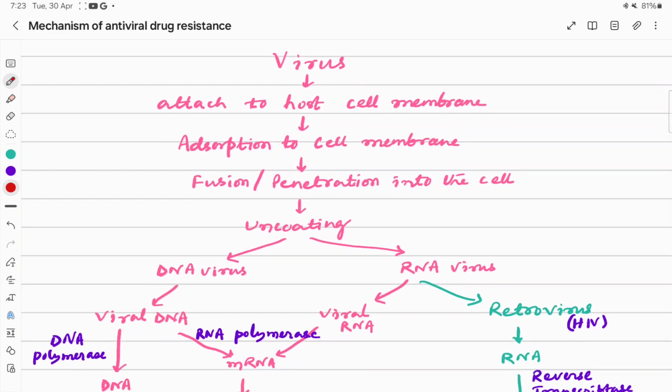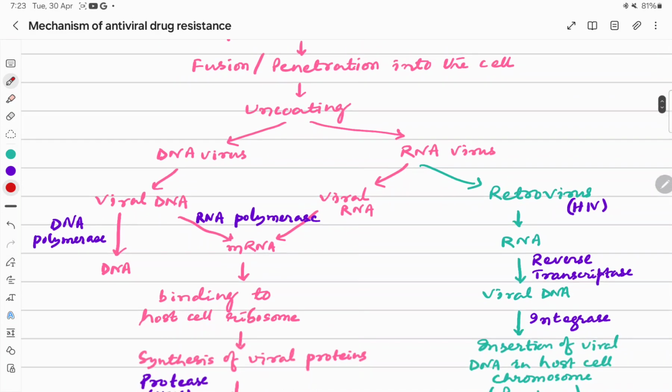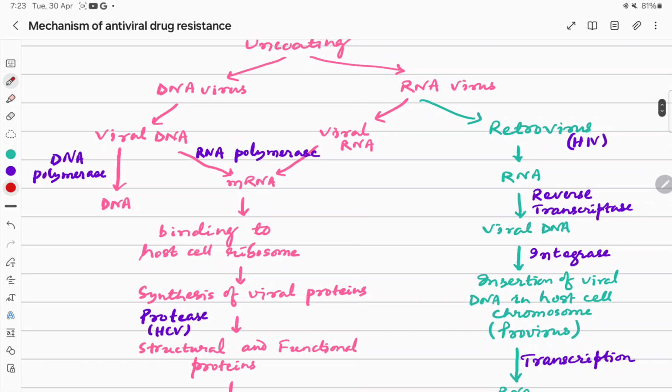The virus first attaches to the host cell membrane, then there will be adsorption to the cell membrane, followed by fusion or penetration into the cell. Inside the cell, uncoating occurs, and the DNA virus releases DNA, and the RNA virus releases RNA. By the action of DNA polymerase, viral DNA will form more DNA.